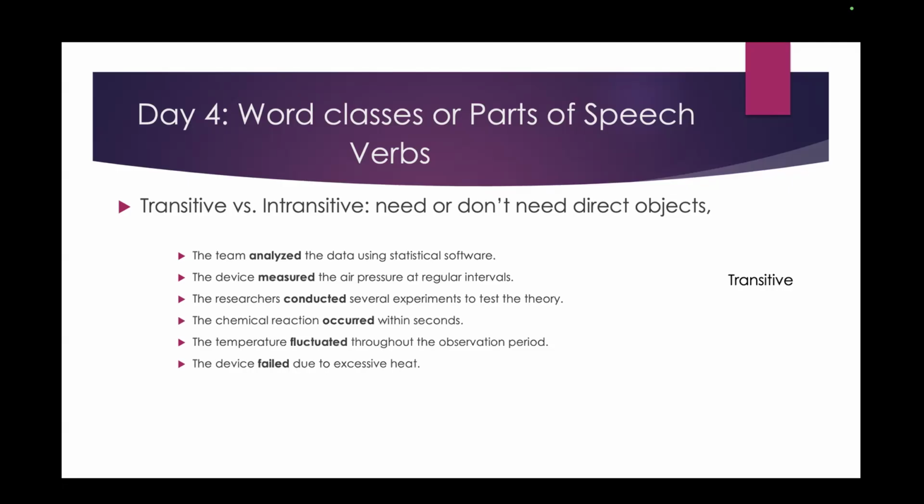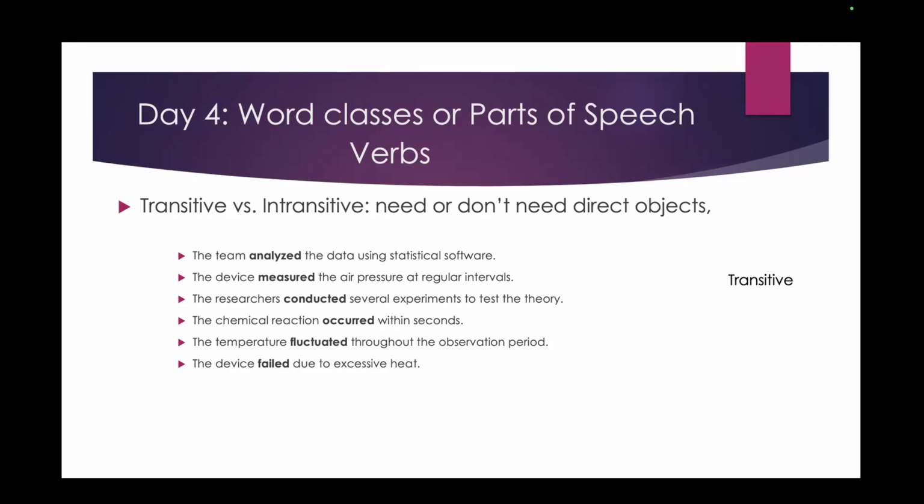Now, examples of intransitive verbs. First one: the chemical reaction occurred within seconds. So after the verb, you have a preposition, within. There is no immediate object after the verb.